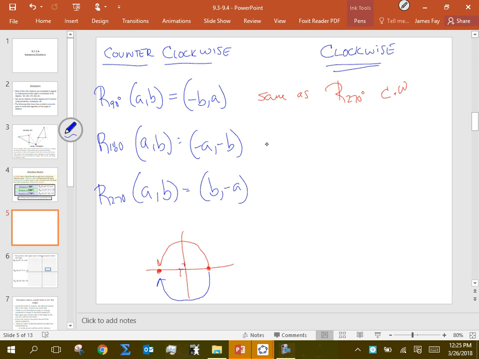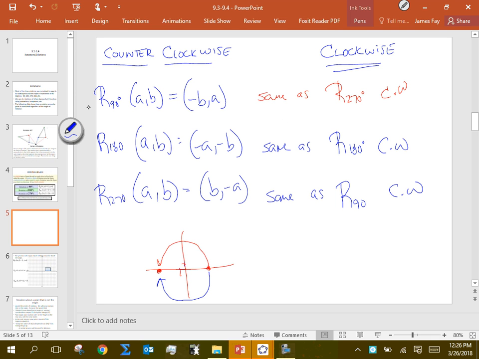So I'm going to write same as a rotation of 180 degrees clockwise. And then, using our logic here, 270 degrees counterclockwise would be the same as what clockwise? 90.